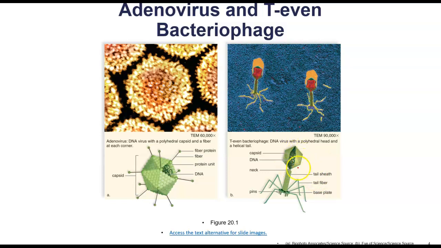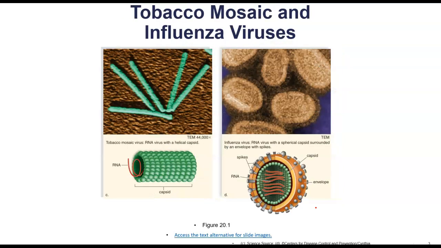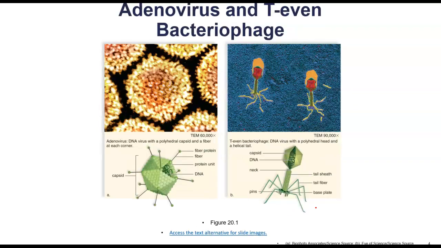Then there's a capsid that looks a lot like the adenovirus, but what makes it different is it has this tail sheath with these tail fibers that look kind of like legs. Anyway, I do expect that you recognize the bacteriophage, the adenovirus, the tobacco mosaic virus, and the influenza virus if you were to see a picture.